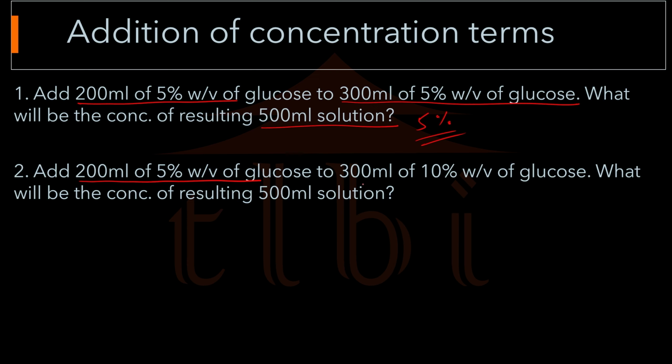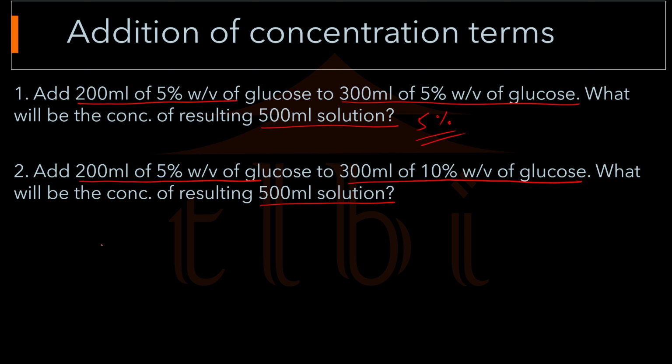And the other student, he was like, okay, maybe I'll be a bit more generous and make 10% weight by volume of 300 ml, right? And this time also I asked them to mix them again, right? Now how much will be the final concentration of this 500 ml solution?